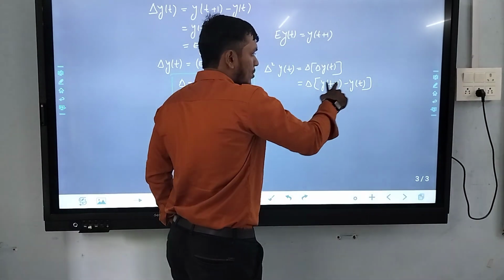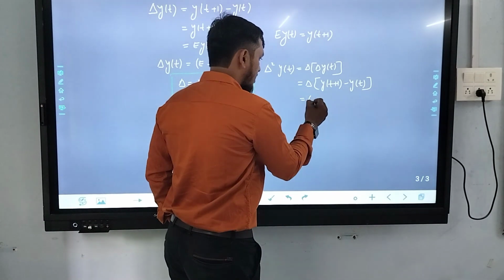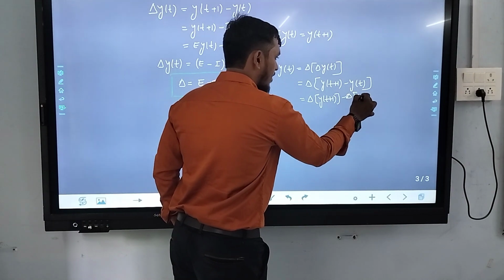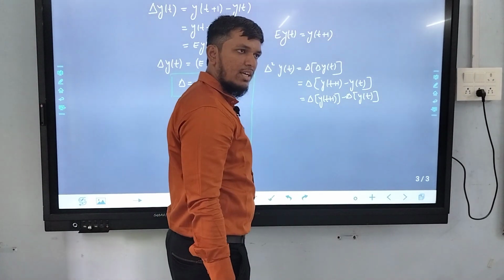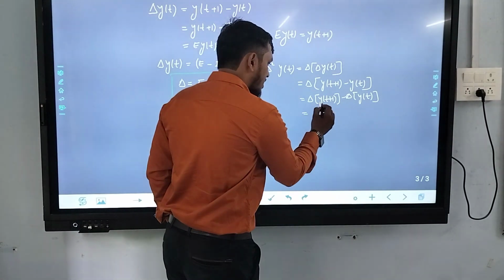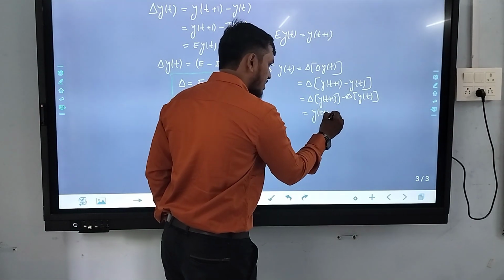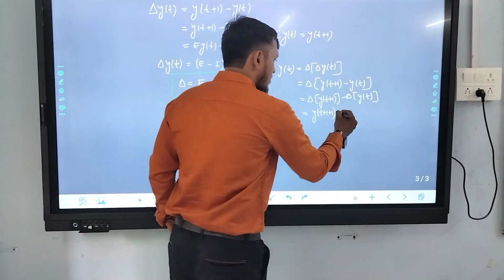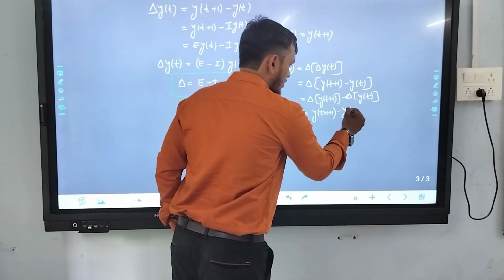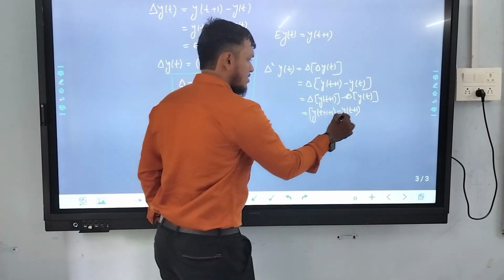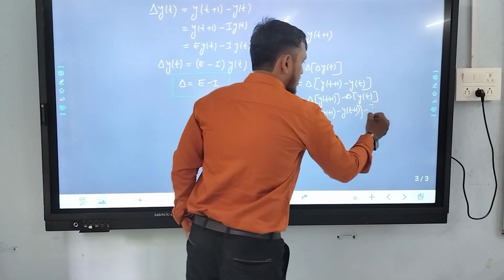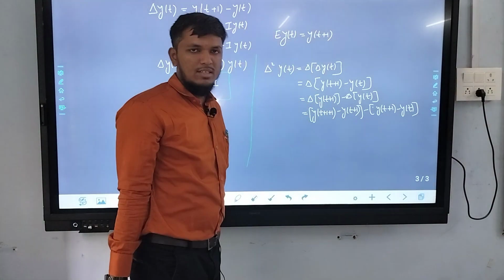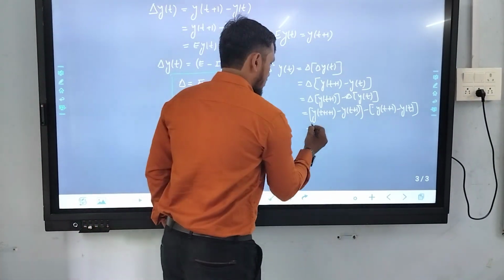Now operate this operator on both functions. So delta y of t plus 1 minus delta y of t. By the definition of the difference operator, this can be written as y of t plus 1 plus 1. In place of t, firstly we have to replace t plus 1, then minus this function as it is, y of t plus 1, minus, say, y of t plus 1 minus y of t. Now simplify this.